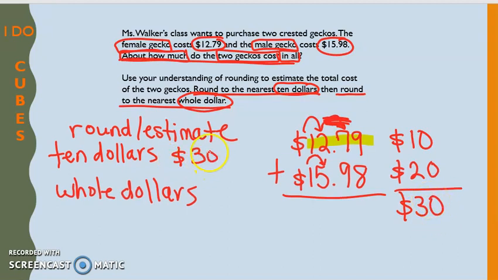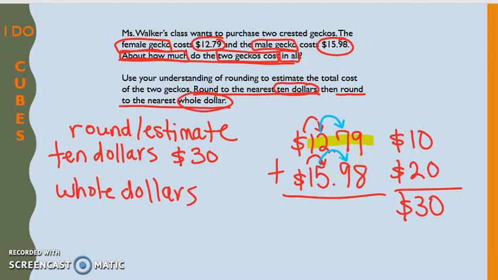That's our estimate. Now let's go ahead and estimate to the nearest whole dollar. That's what I kind of had confused there, so sorry if I created any confusion. Now we can look to the tenths place to determine the nearest whole dollar.